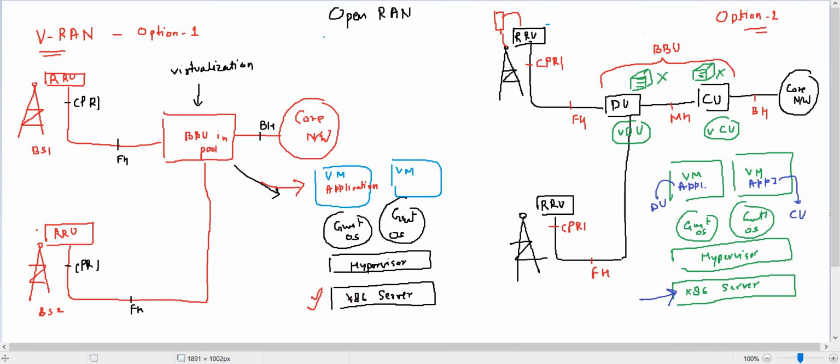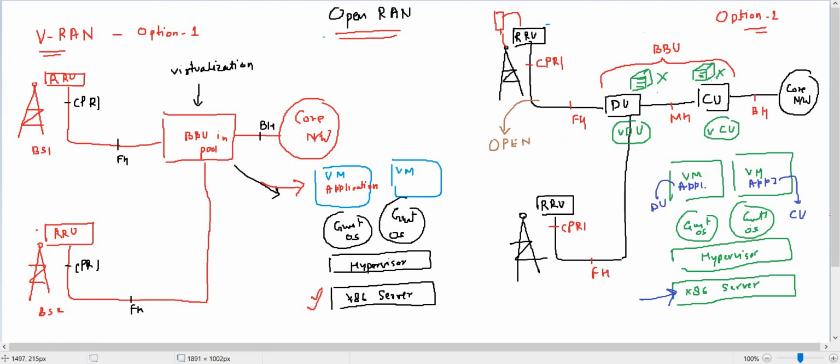Now let's move to Open RAN. Open RAN takes vRAN to the next level. What exactly has been done in Open RAN? Let me tell you. I'm not going to make a new diagram because it's similar to what we have seen in virtual RAN. In Open RAN, the interface between RRU and DU has become open.